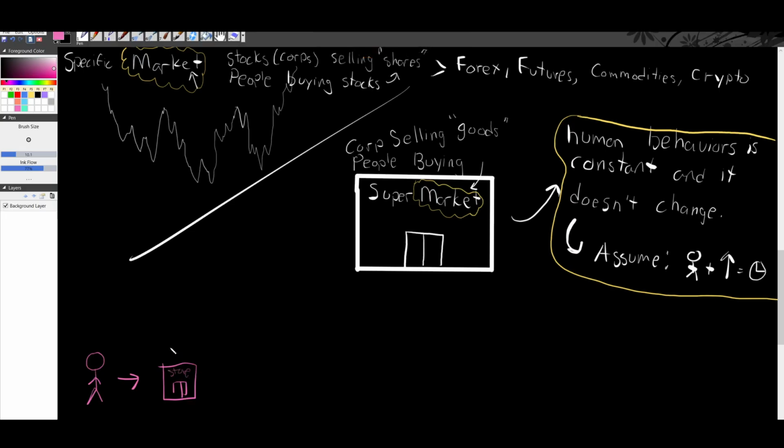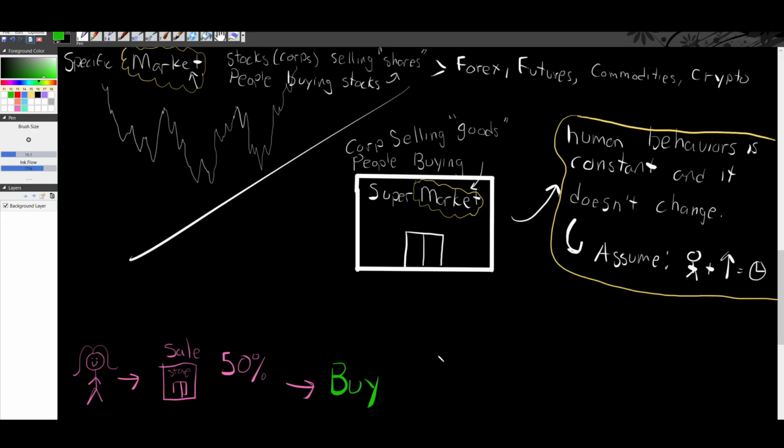There's a store and there's stuff on sale. And let's just say it's 50% off. What does this motivate you to do? Bet. This motivates you to hit buy.